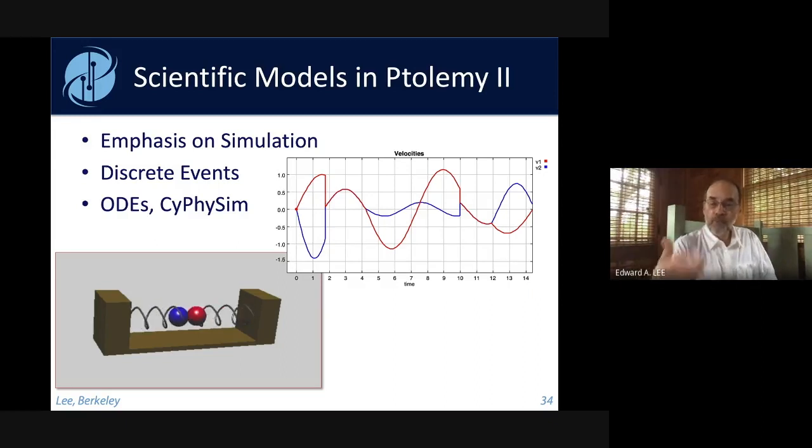Now, one of the ways that you can tell that the emphasis is on the engineering model is, if you look at the plot of the velocities of these masses versus time, you'll see that there are instantaneous jumps. Of course, you don't typically get instantaneous jumps in a physical system. There's going to be some plasticity in these balls when they collide. They're going to bend, they're going to impose on each other.